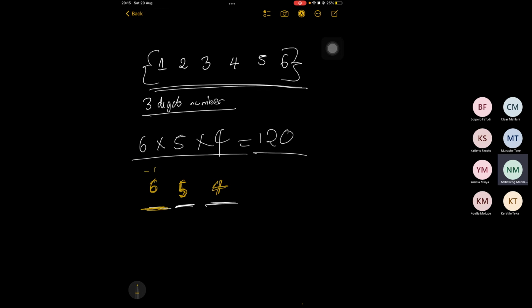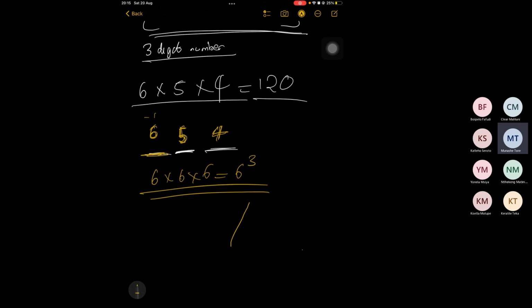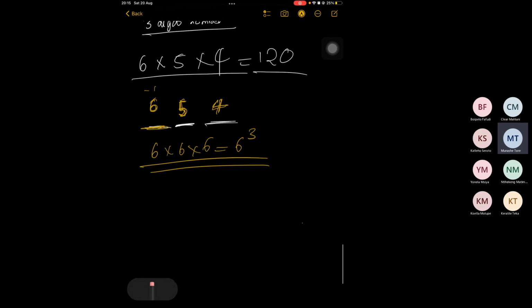It's 6 times 6 times 6, which is going to be 6 to the power 3. So to deal with the multiplication principle, it mainly works when you are told that there is a repetition. Okay?